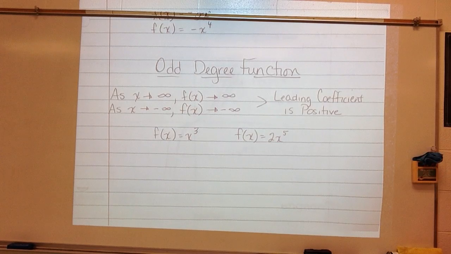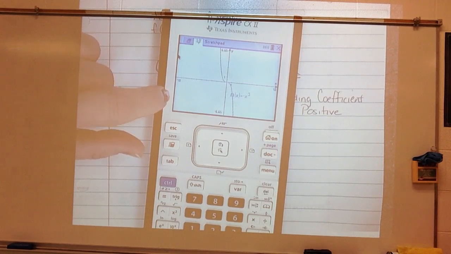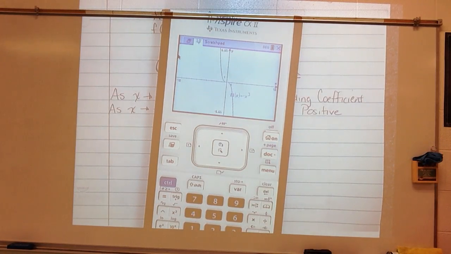All right, let's see what happens if we change that leading coefficient to a negative number. Maybe it will stay the same. Let's see. So we'll do negative x cubed. Look at what happens. My graph actually flipped.